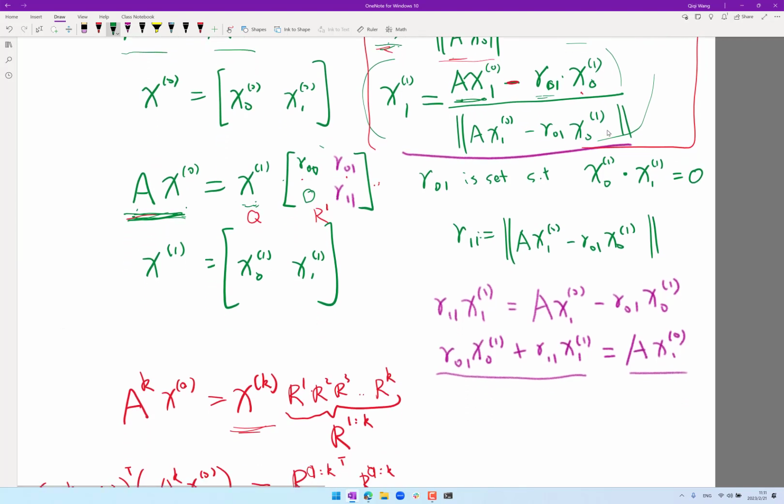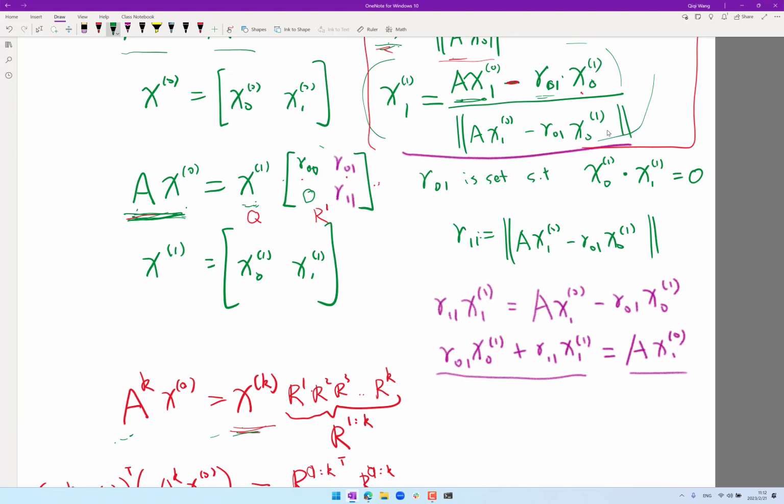So after k iterations, this becomes the formula: A to the kth power times x0 becomes a new set of vectors after the k iterations, which we call xk, multiplied with a number of upper triangular matrices.